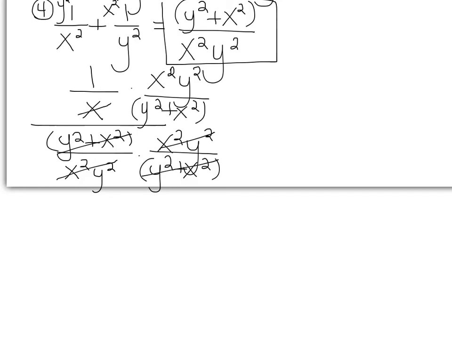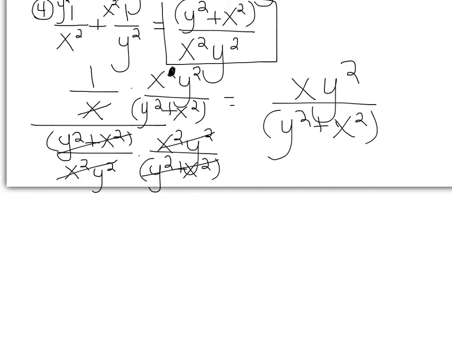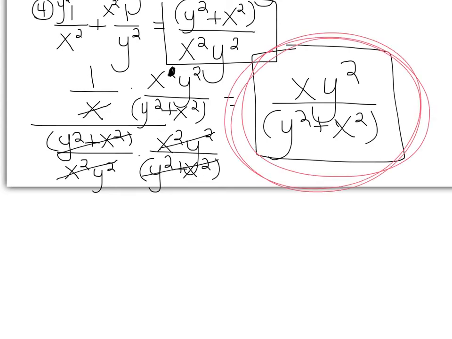This x will actually cancel one of these x's, so just scribble out the squared. That's all that cancels. So I'm left with x y squared over y squared plus x squared. Because you have parentheses around this denominator, you cannot cancel any of this stuff. So that actually will be your final answer. We'll circle it in red since we had a gazillion things circled. That's your final answer. Okay?